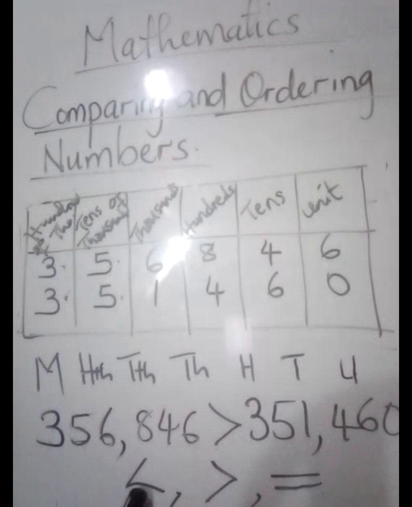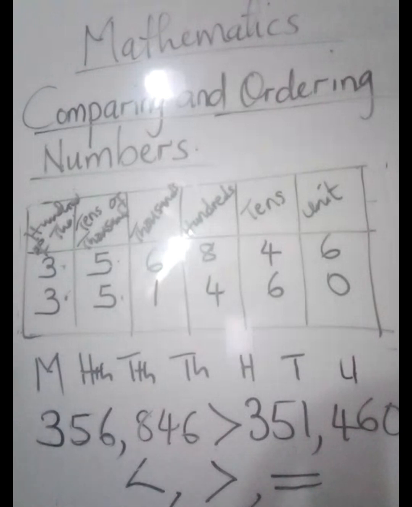Now, I don't want to write larger than, smaller than for these two symbols, because why am I saying that? When you flip one, you get the other. They are the same. The value they carry just depends on where you are facing them, which position you are turning them to face. If this one, like this one, the mouth is open to the right, that means the bigger number has to be to the right. You can flip it or write this one, the bigger number is at the left.